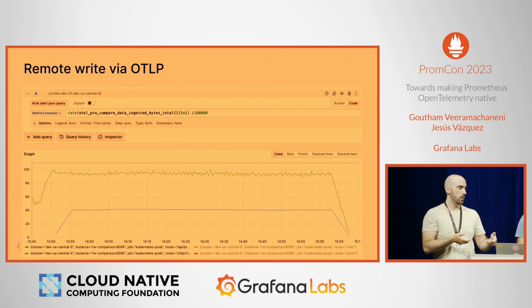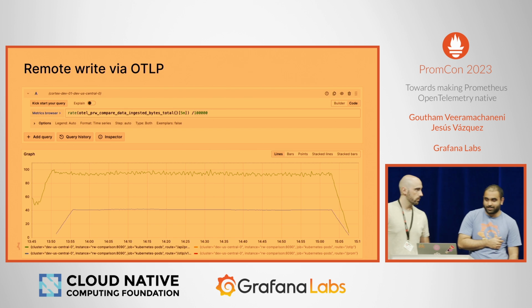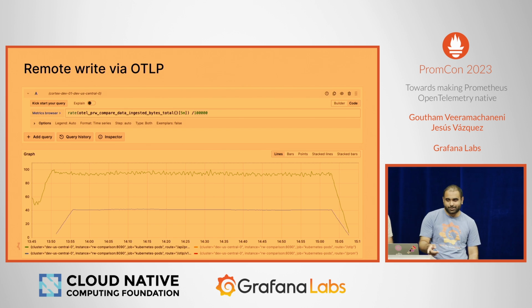There's a group of people trying to build that and test it with remote write 1.1, and then produce a benchmark. I think we are close to that. It should happen. The comment is that it's probably much easier to do that than to use OTLP.